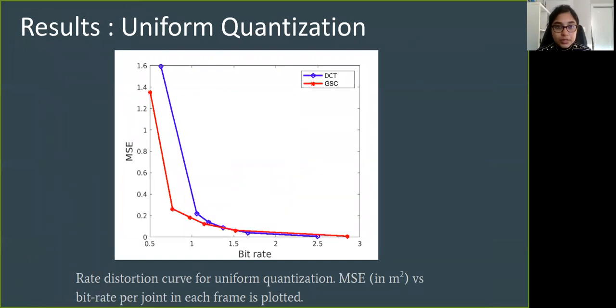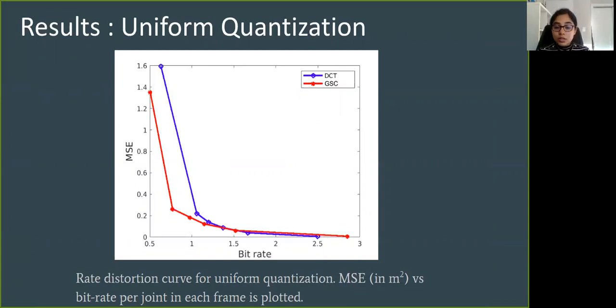So these are the results. When we apply the uniform quantization and compare the compression using only DCT and using graph-based skeleton compression, we get better mean square error when using graph-based skeleton compression at lower bit rates.